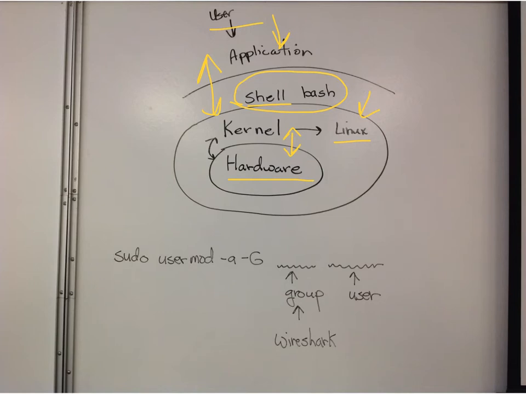But in between, us as users can use the shell to communicate directly with the operating system. So we use a bash shell. There are other shells that are available, and the shell interprets the commands we type to tell the operating system, the kernel, to do something.